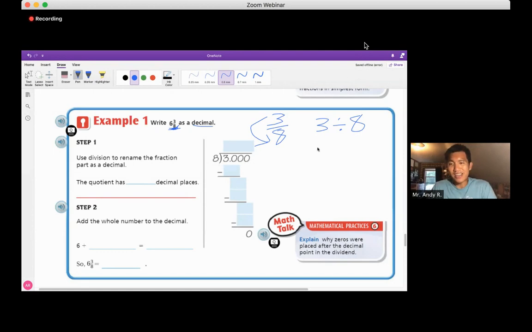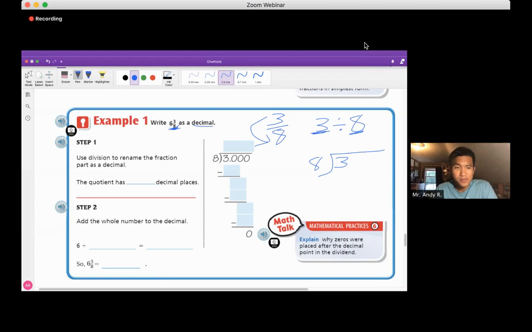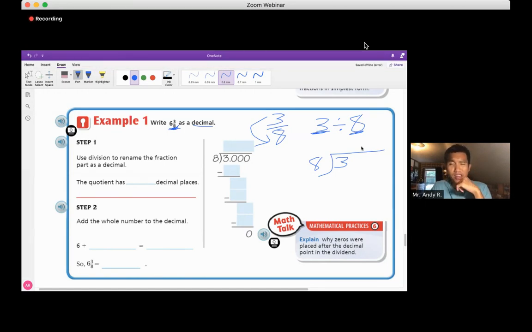You are doing 3 divided by 8 when you have a fraction that's 3/8. So how do we do 3 divided by 8? Well, in a long division sign, 3 is the first number, so it goes inside, and 8 is the second number, dividing the 3 up, so it has to be outside. 8 is a bigger number.